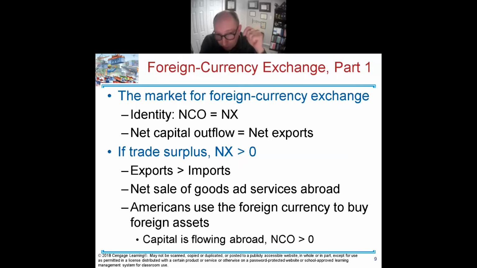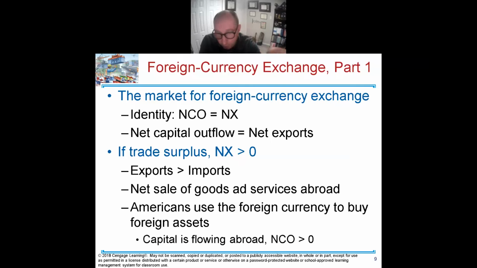If there is a trade surplus where net exports are greater than zero, exports are greater than imports, obviously. That's what a trade surplus is. But the net sale of goods and services obviously means we have higher goods and services being sold out to other countries.